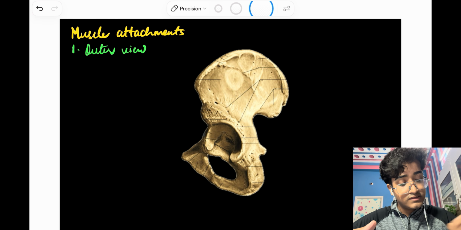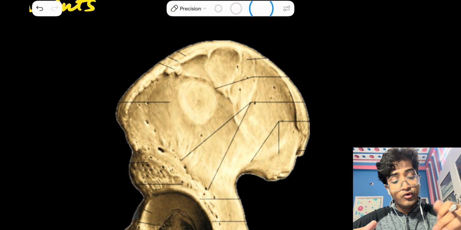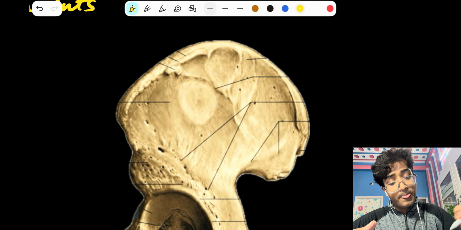Now we are going to discuss the bony landmarks of the ilium.